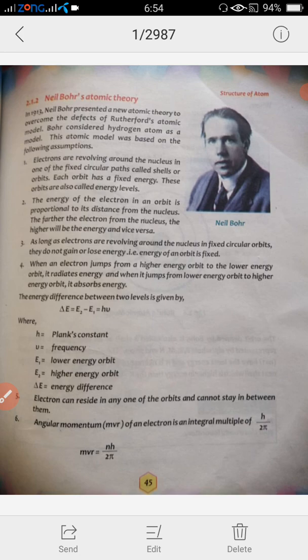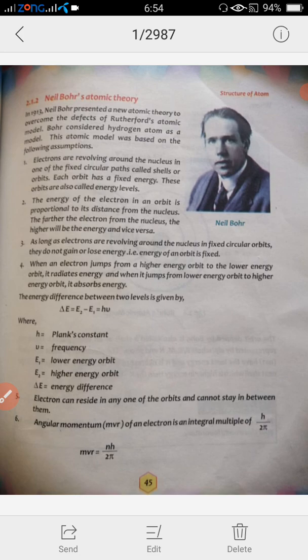So the further the electrons are from the nucleus, the higher will be the energy, and vice versa. So students, the farther the shell is from the nucleus, the greater the energy of that particular orbit compared to the orbit nearer to the nucleus, because the nearest orbits have less energy.